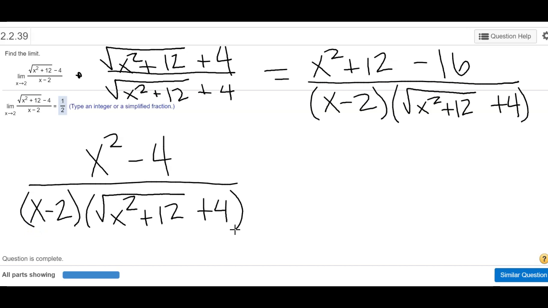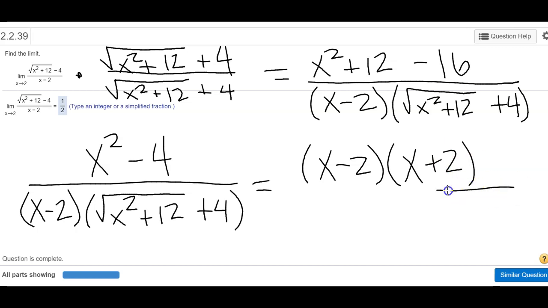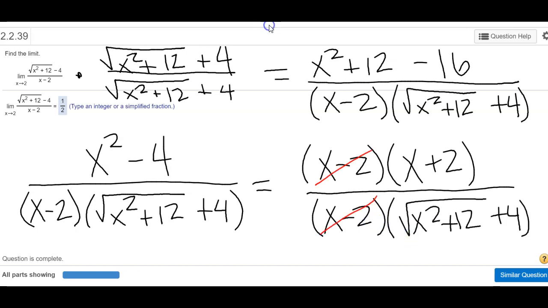All right, well, x squared minus 4 is a difference of squares, and it factors to x minus 2 times x plus 2. And now on the bottom, that x minus 2 factor that was causing our division by 0 before can cancel. All right, and what does that leave us? That leaves us with x plus 2 over top of this stuff down here.